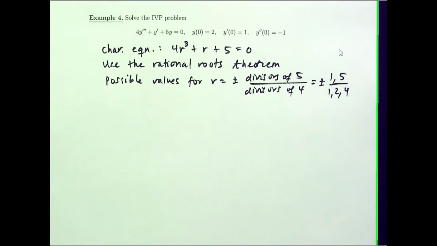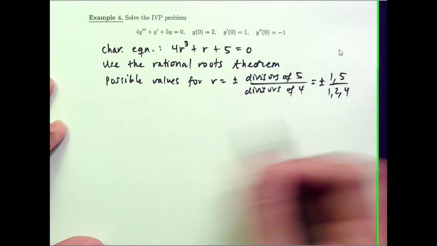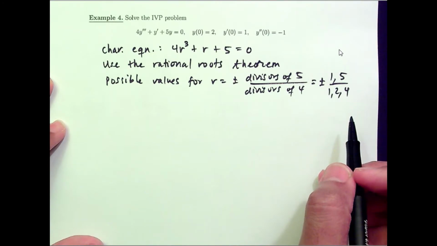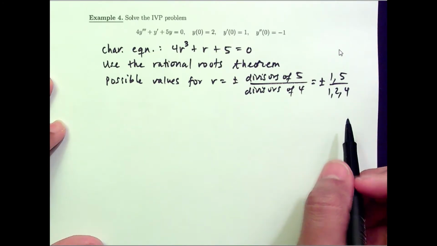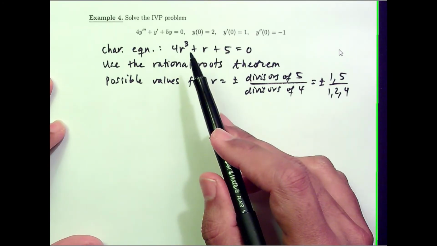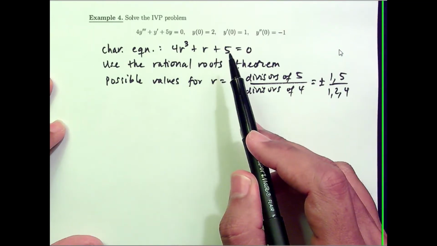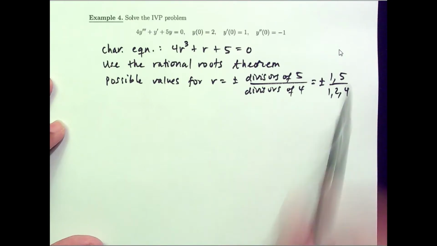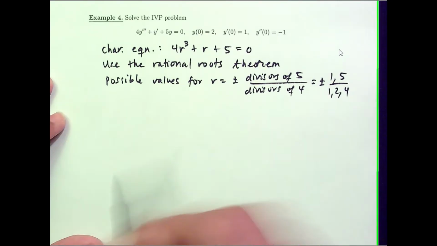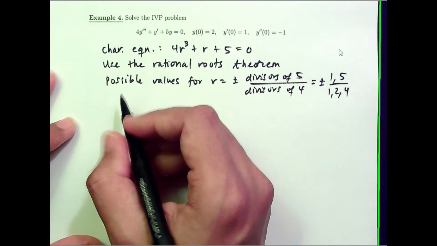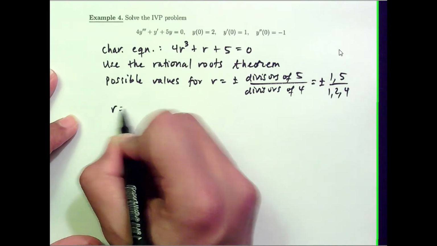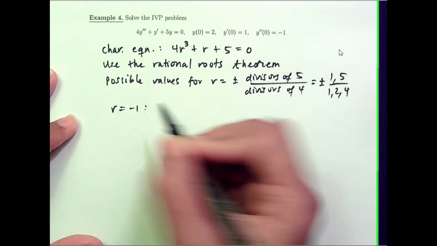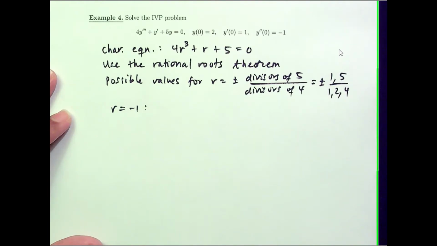There's a bunch of possibilities there. These are the numbers that you should try to see if any of them is a solution of this polynomial equation. If you try other numbers that are not any of these, you're wasting your time. Now, you spend some time trying them out, and you can figure out that if you try negative 1, that actually works.